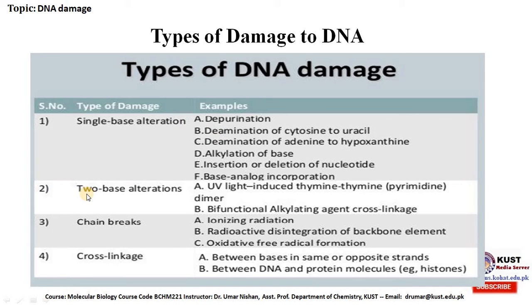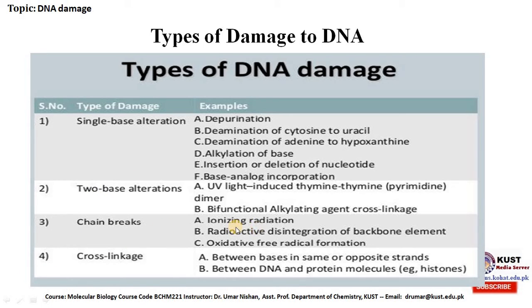Then another broad type of damage to DNA is two base alterations. It can be caused by UV light induced thymine, or pyrimidine dimer, or by a bifunctional alkylating agent or cross linkage. Another type of DNA damage is chain breaks.